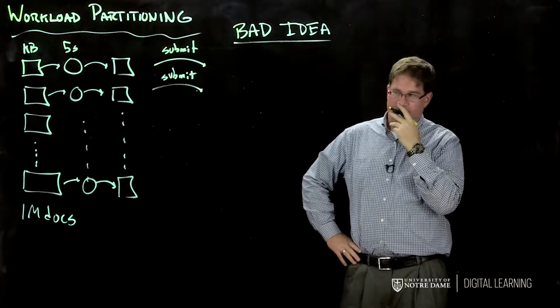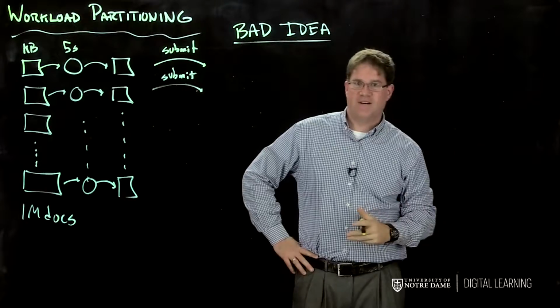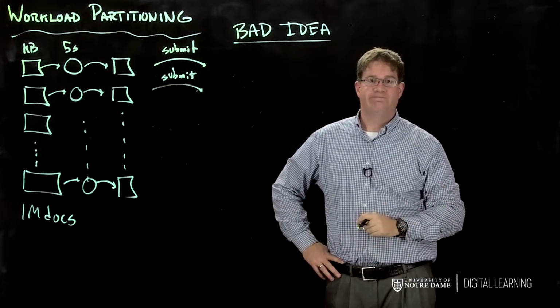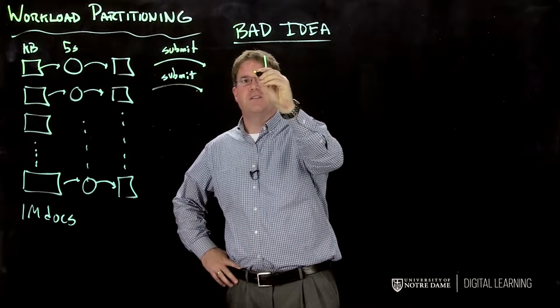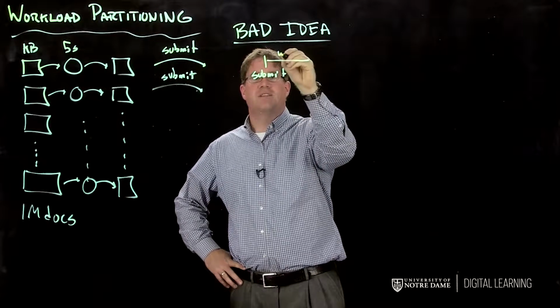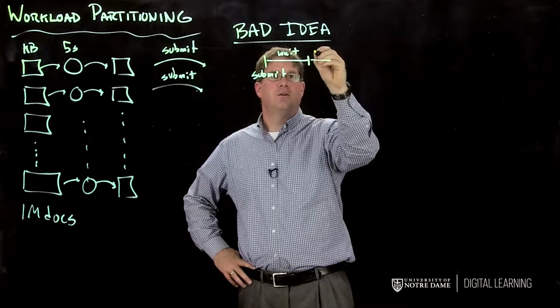Let me explain why. When I take a single job and put it into a batch system, there's always going to be some queue waiting time. So if we look at what happens in the lifetime of a job here, it gets submitted. There's some waiting time. And then eventually it runs.